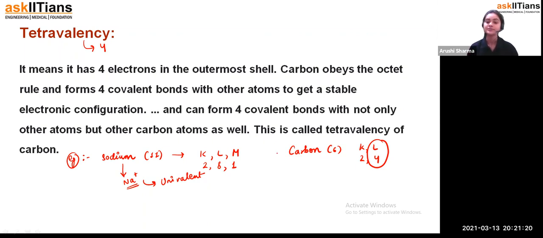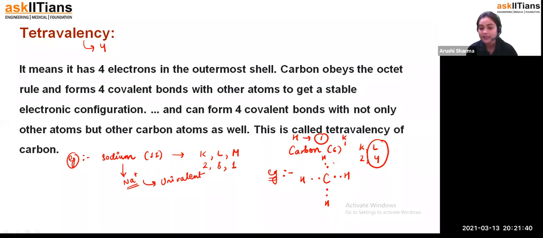For example, students, take a carbon atom which has 4 electrons in its outer shell. Now if I give it one hydrogen, one hydrogen, one hydrogen, one hydrogen, because we know hydrogen has atomic number 1, that is the K shell has 1 electron.